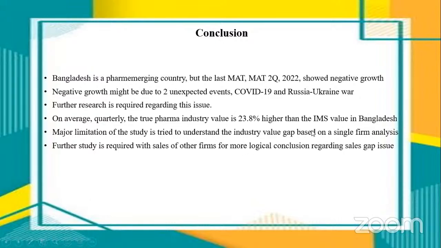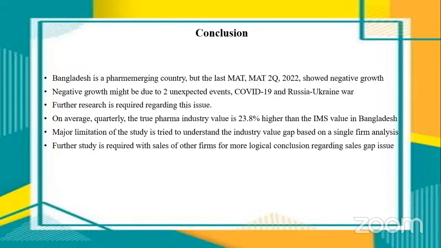Based on a single firm analysis, the study tried to conclude about the whole industry value. Further studies are required to include the sales values of other firms in the industry for drawing a more logical conclusion regarding the sales gap issue.